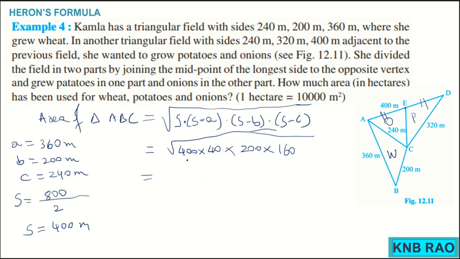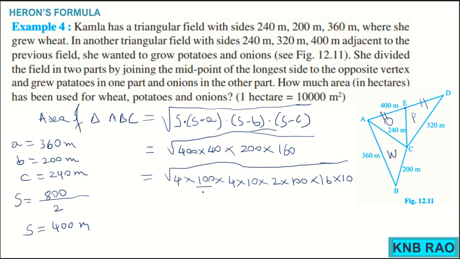Now first I am taking this 400 into 40 into 200 into 160 as 4 into 100 for 400, 40 I am writing as 4 into 10, this 200 I am writing as 2 into 100, and 160 I am writing as 16 into 10.